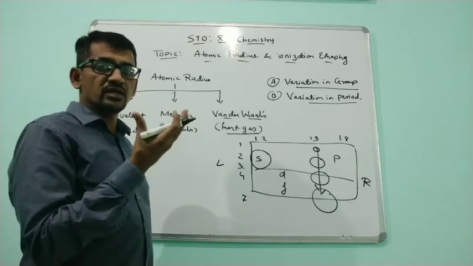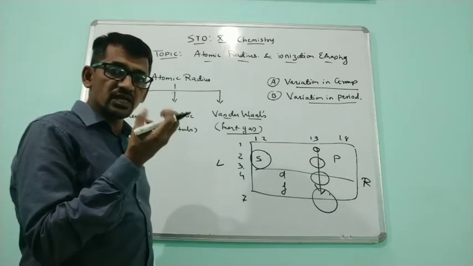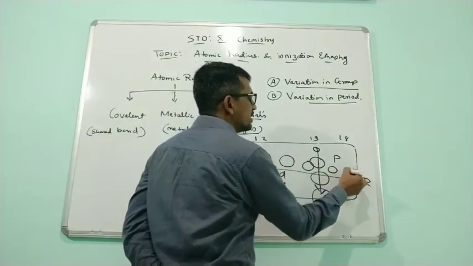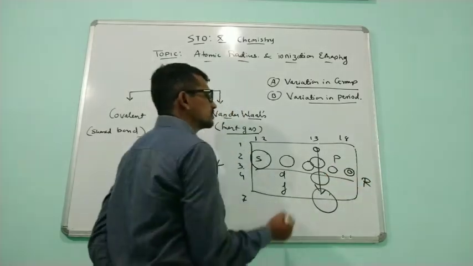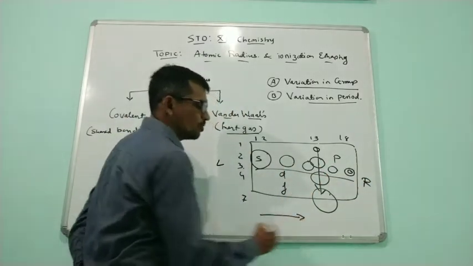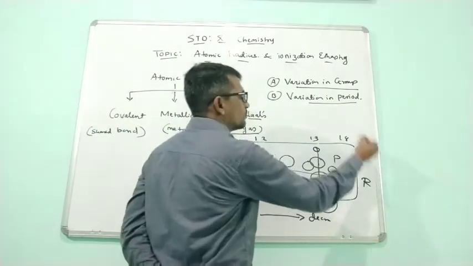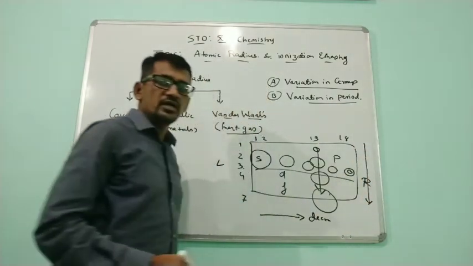If an electron is added in the same circle, then the radius will shrink. So there is a decrease in the radius. You can see there is a decrease in the radius. So if you move from left to right, radius decreases.